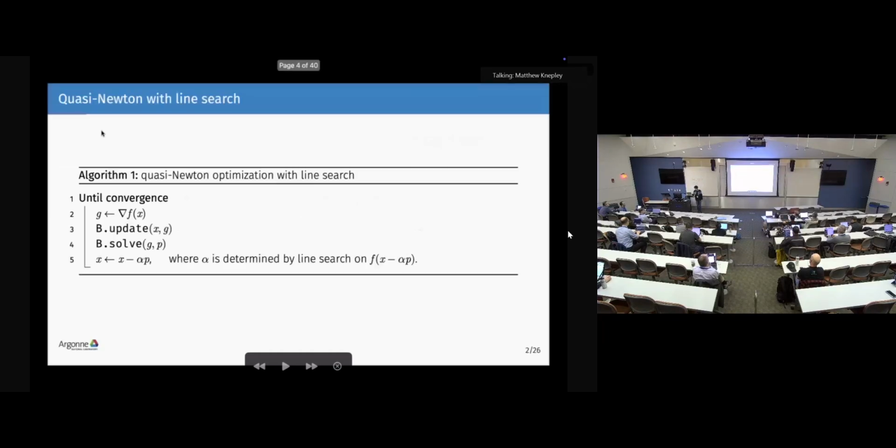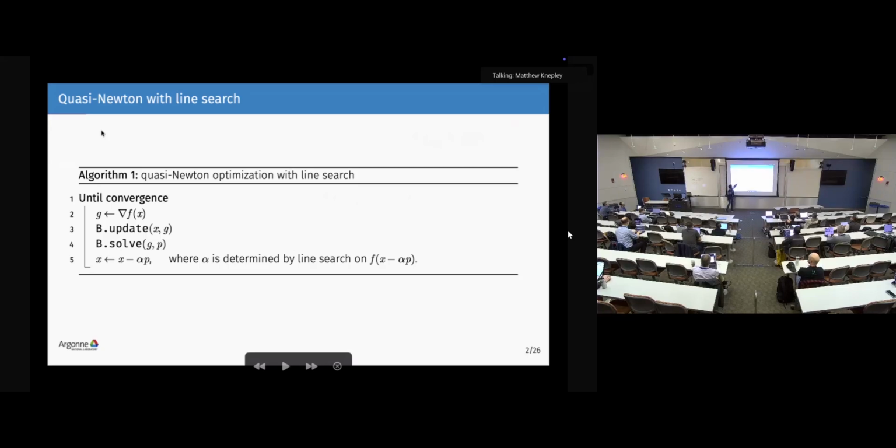I'm sure most of you are familiar with the quasi-Newton method, but I'll reiterate it for a better explanation in the later slides. For quasi-Newton optimization, you have a gradient of some convex function, and some matrix B. We update the current iterate X and gradient G into this matrix, and then you solve.